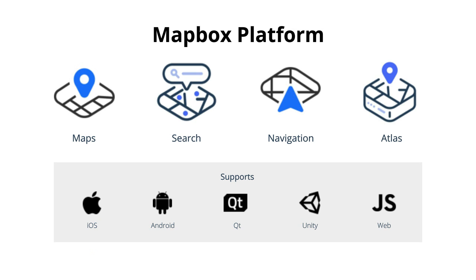Okay, so what is Mapbox? Mapbox is a location data platform for mobile and web applications. Our products are building blocks that add location-based features such as maps, search, and navigation into mobile and web applications.